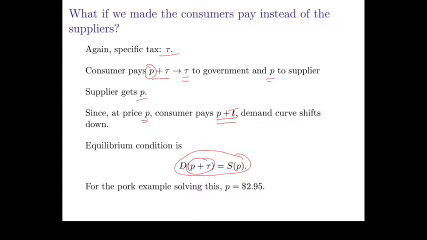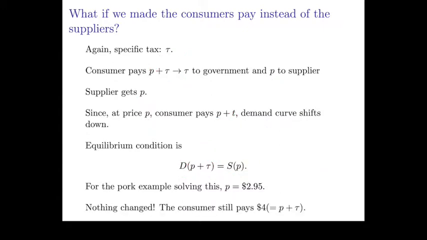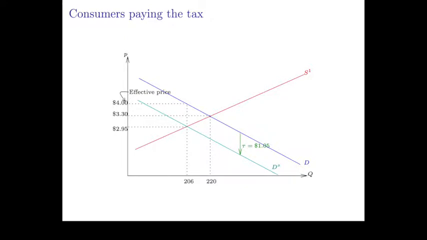Now, if we go back to our pork example, when tau equals $1.05, we'll find that this is just going to be P equals $2.95. So nothing changed. The consumer's still going to pay the same $4. So the picture is now that this demand curve shifts downwards.